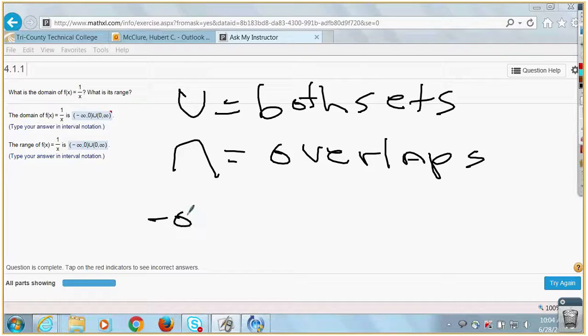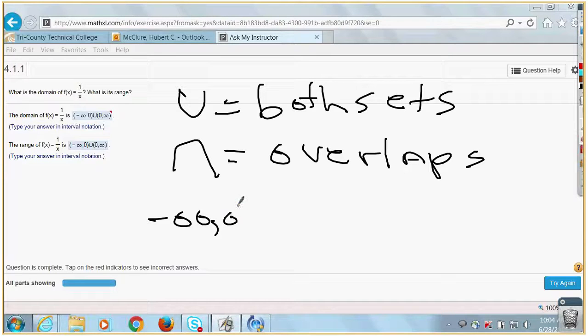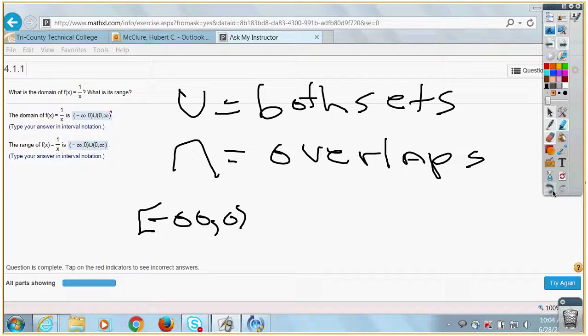So, negative infinity to 0, coming from the left side, is your domain. Can't touch 0.